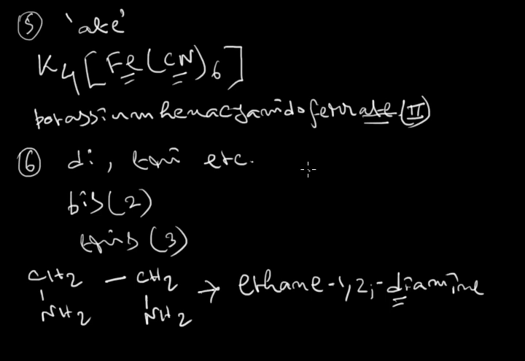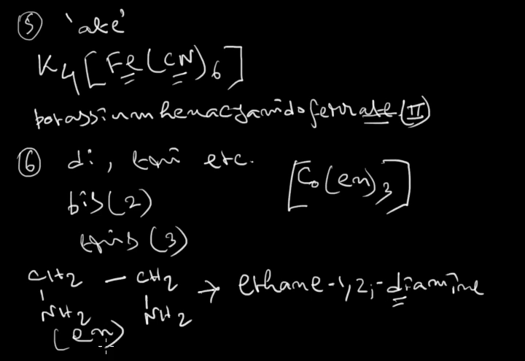Let us take an example, [Co(en)3]3+. Mind it, CH2NH2CH2NH2 is represented as en, ethane-1,2-diamine.